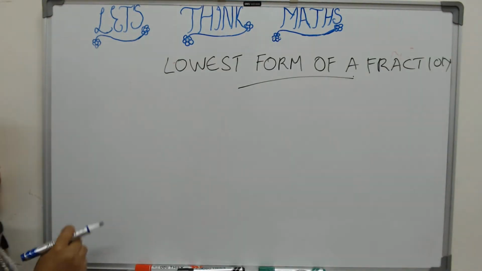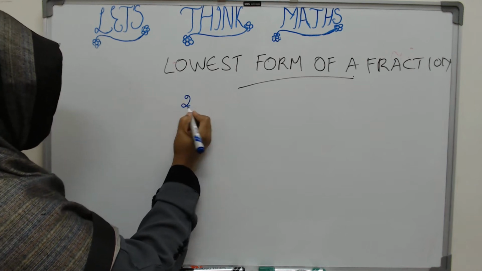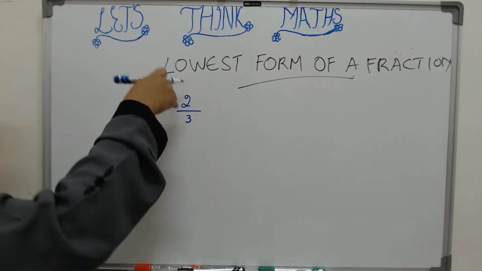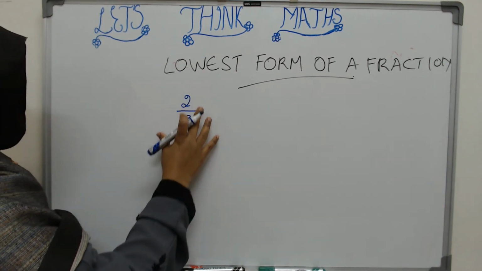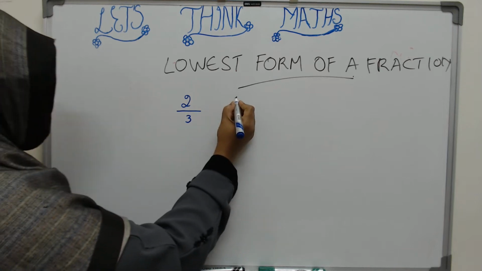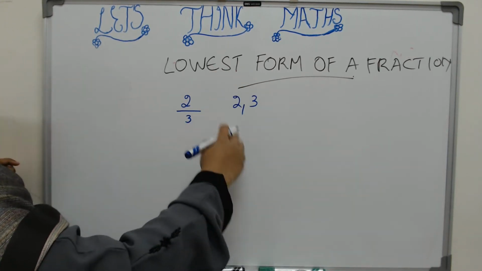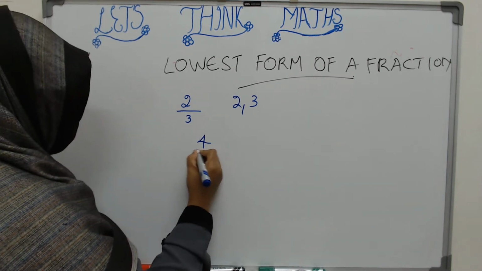A fraction is said to be in its lowest form if the denominator and the numerator cannot be divided any further by the same number. For example, 2 by 3. If you see 2 and 3, they cannot be divided any further or made any further small. But look at this example.